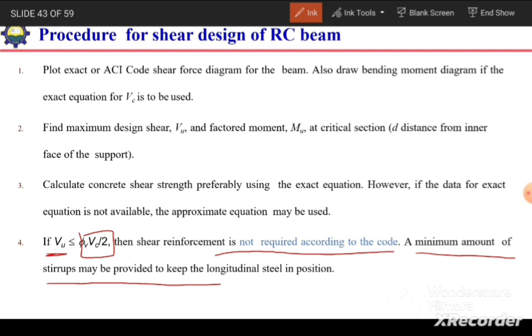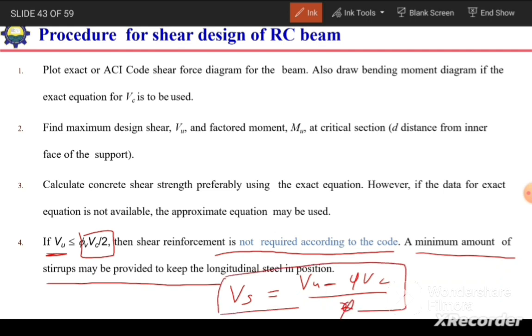And after that we need to calculate the shear resistance that needs to be provided by the shear reinforcement, Vs, and it will be equal to (Vu minus φVc divided by 2) divided by φ. This is the case if Vu is more than φVc divided by 2.